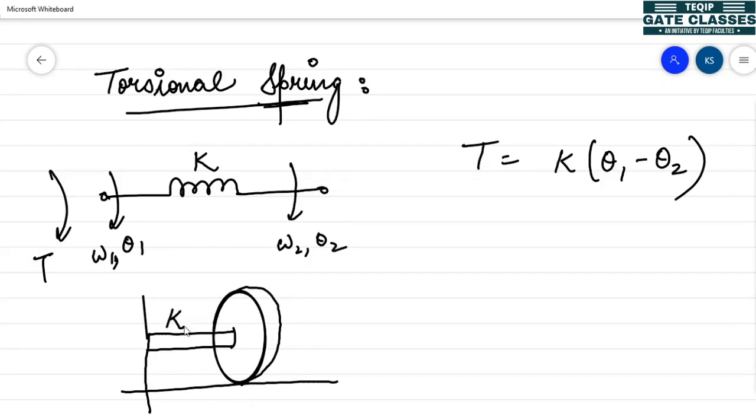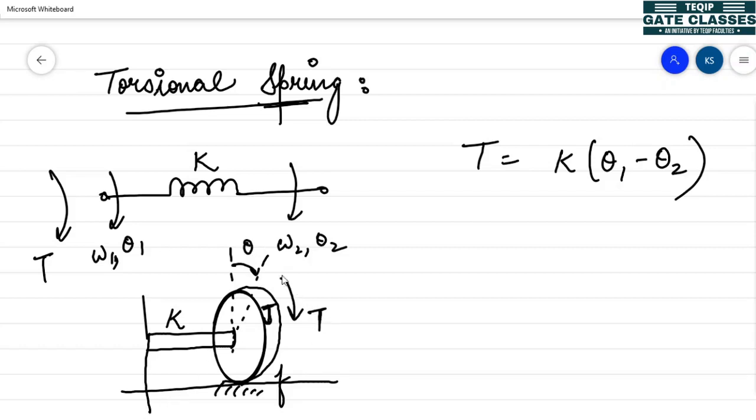So shaft is having some spring constant K, and this is a block which is having some inertia J, and because of this surface there will be some friction whose friction coefficient is F. So I am applying the external torque on it. So this is a disc. It is initially at this position. On application of torque, it has moved to some angular displacement theta.